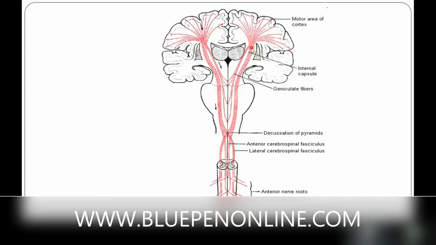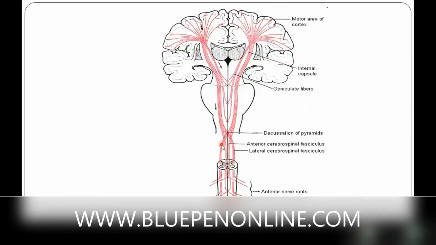For example, the nerves from the right corona radiata converge, pass through the right internal capsule, and reach the medulla. There, 80% of the nerves cross to the opposite side, whereas the uncrossed 20% pass through the same side.